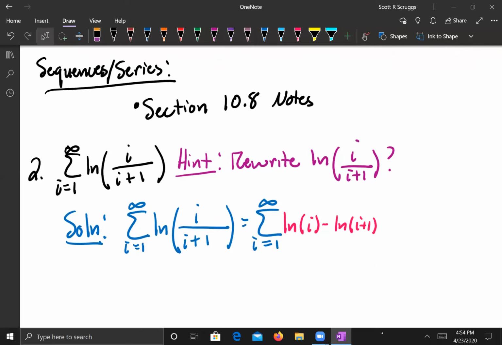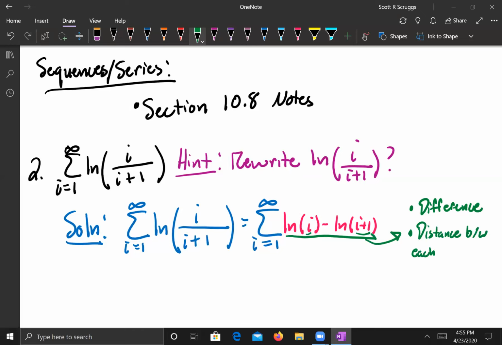The reason why this is a telescoping series is that I have a difference of two terms appearing within my series, and the distance between each part of the terms is a set constant.